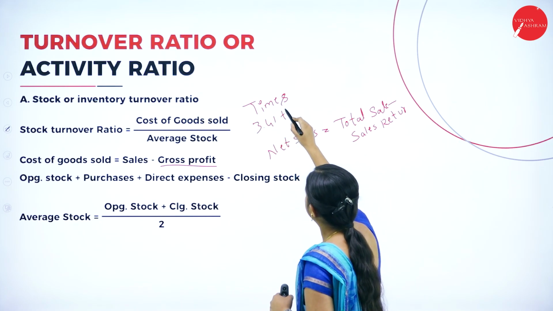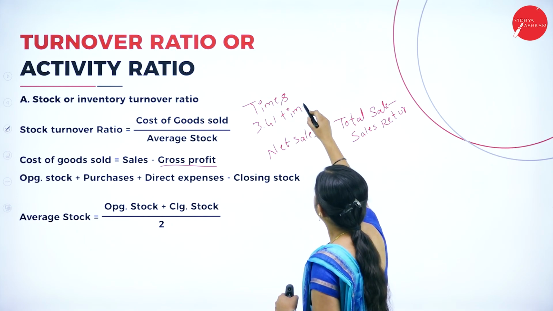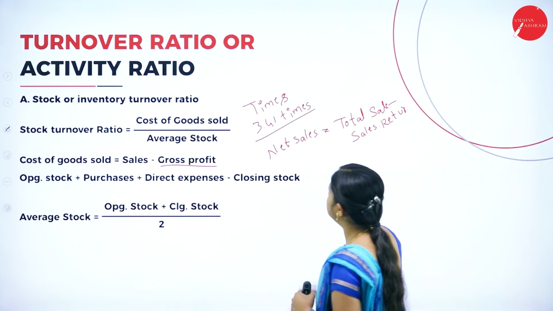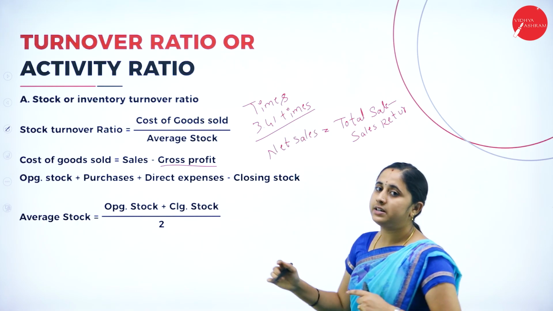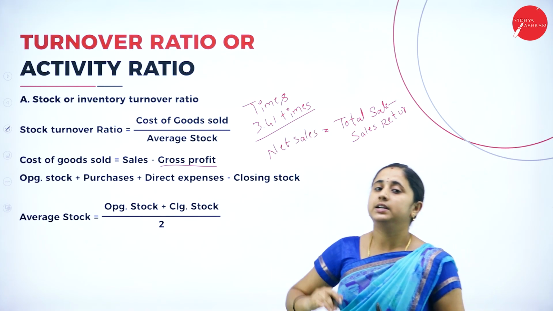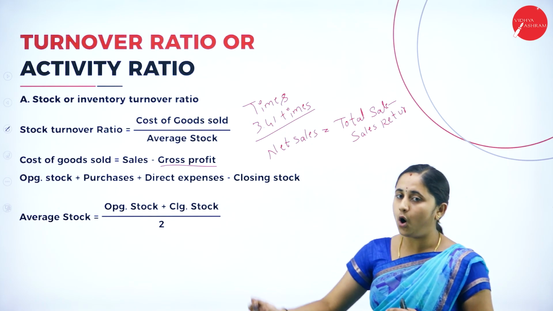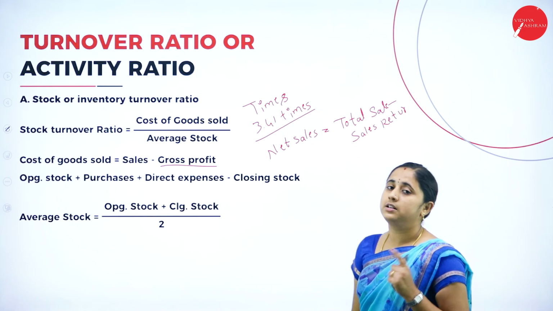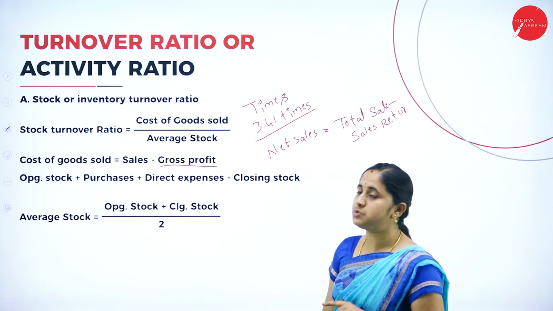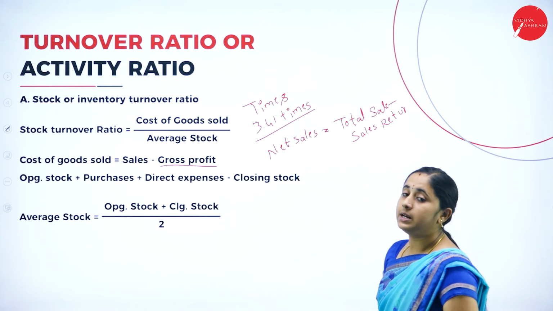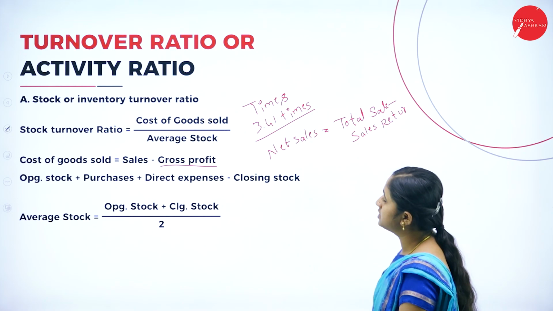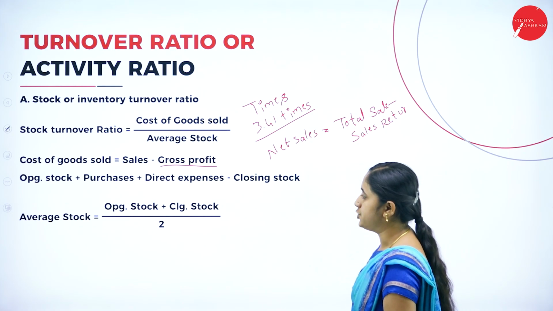It will be expressed in number of times. That means in one financial year, 3.41 times your stock is turned over. So in a year, 3.41 times your stock is turned over. So it is expressed in number of times. So this is stock turnover ratio.